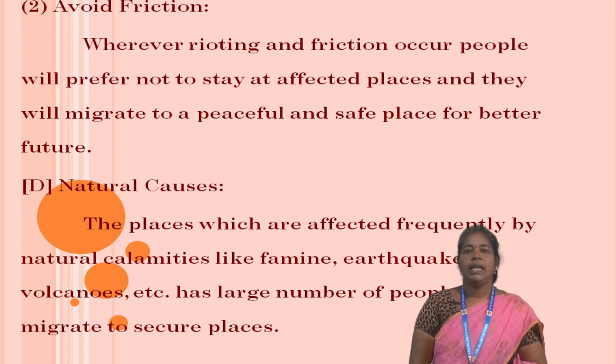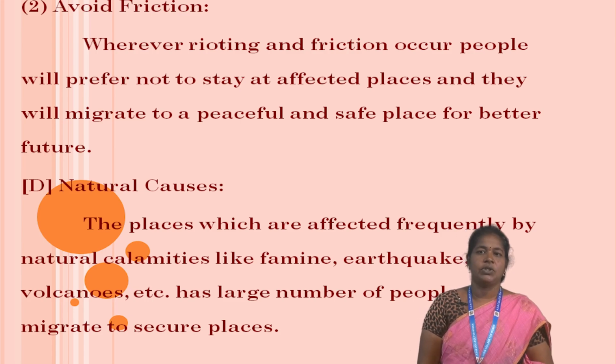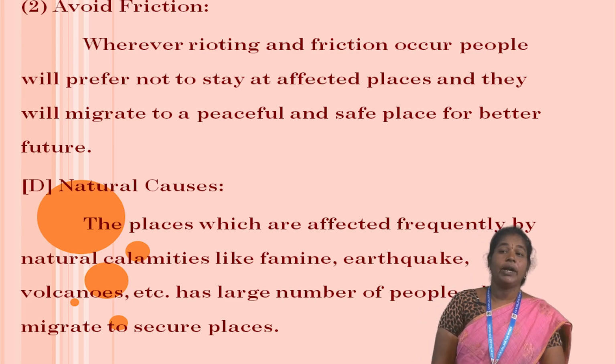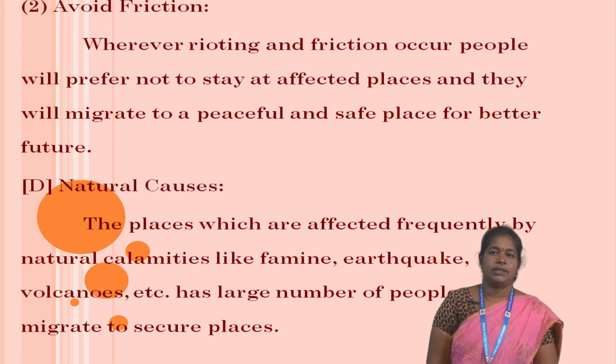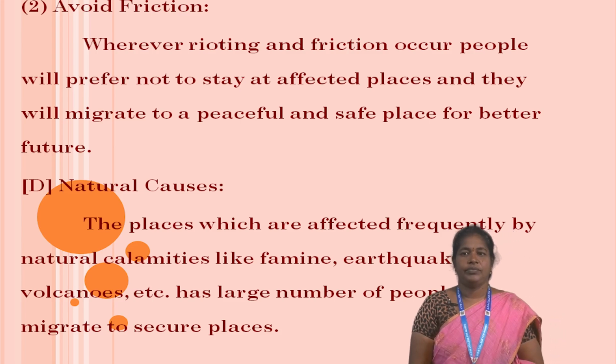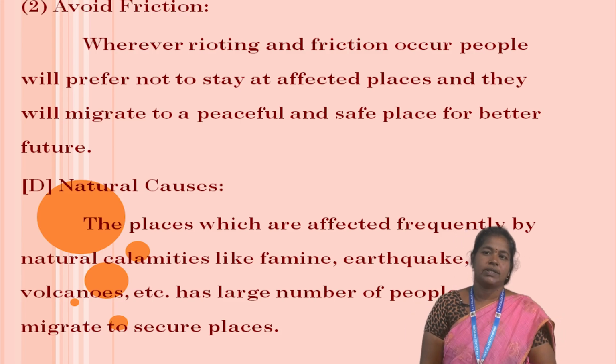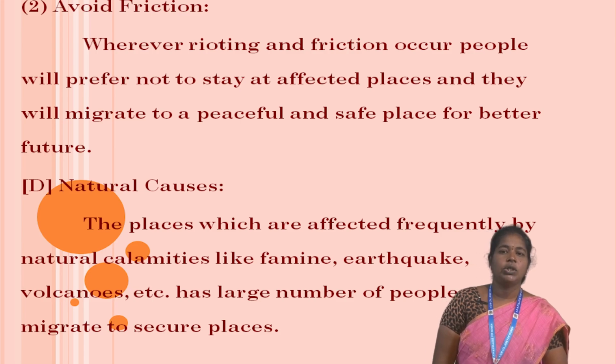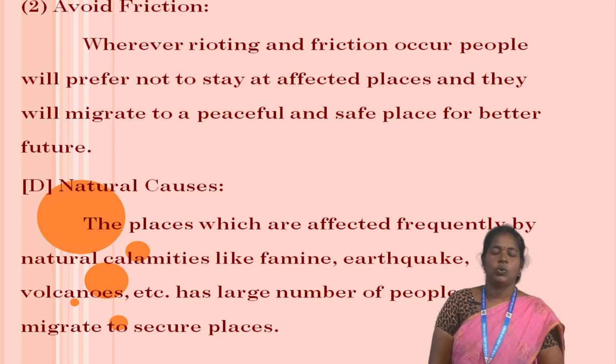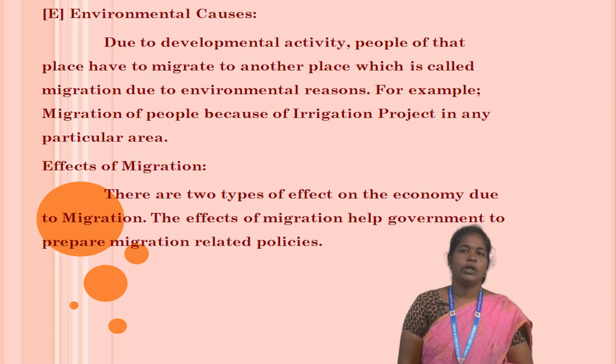Next one, natural causes. The places which are affected frequently by natural calamities like famine, earthquakes, volcanoes, etc. have a large number of people who migrate to secure places. Environmental causes.